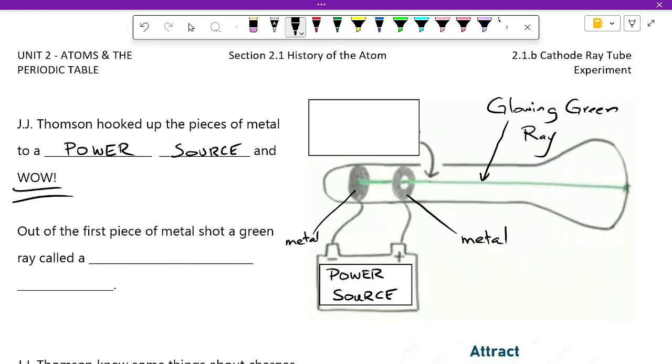What do we actually call that glowing green ray? It's called a cathode ray. So the cathode ray is the glowing green ray. Out of the first piece of metal shot a green ray called a cathode ray.